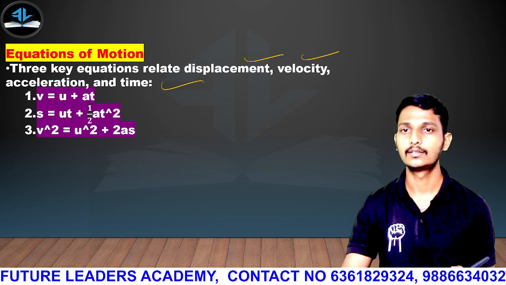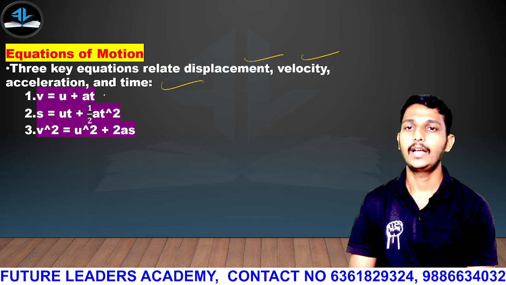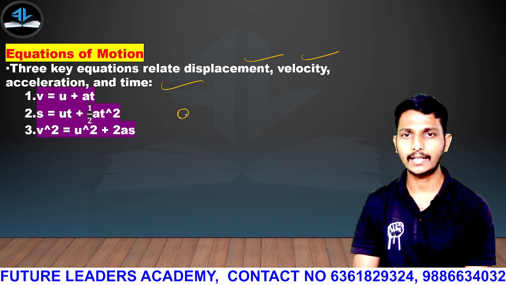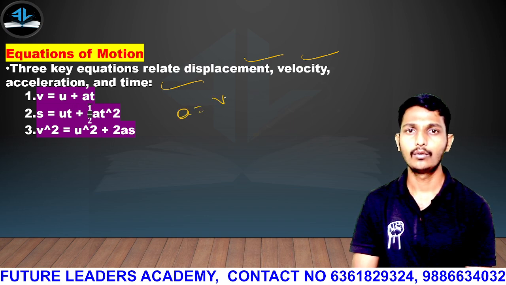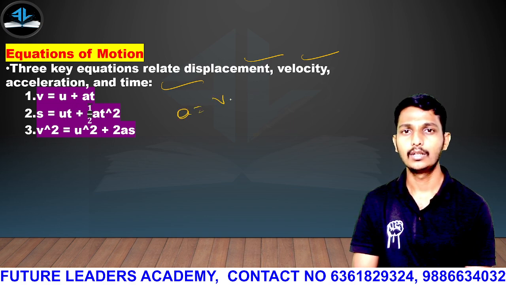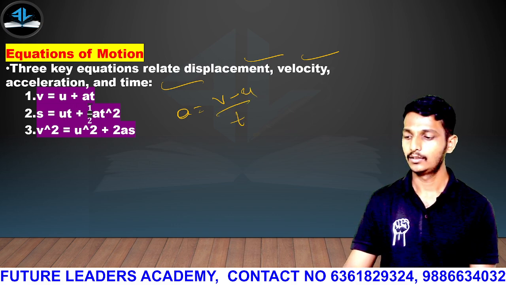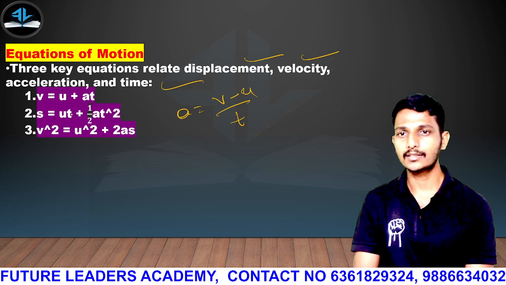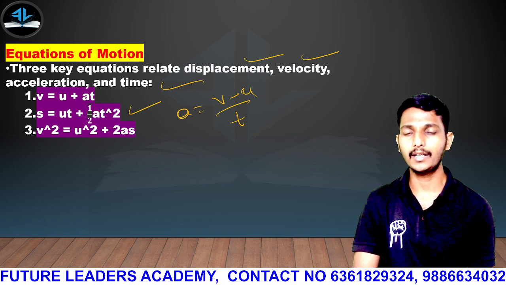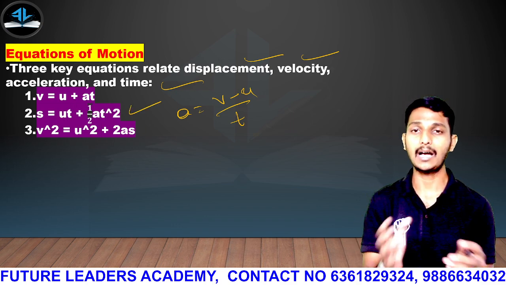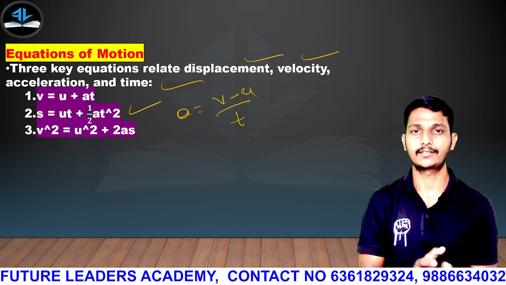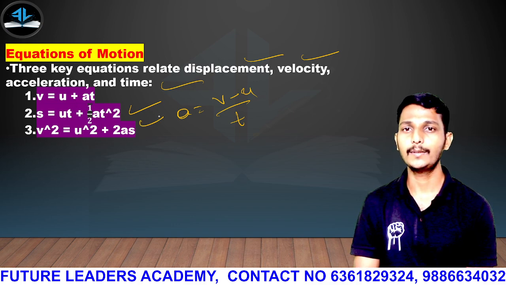As I said just now, acceleration a equal to v minus u by t. Then the next equation is s equal to ut plus half at square. Then v square is equal to u square plus 2as.